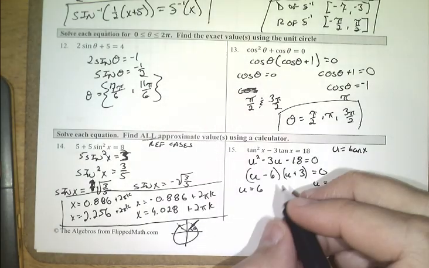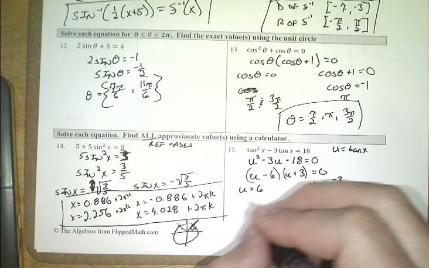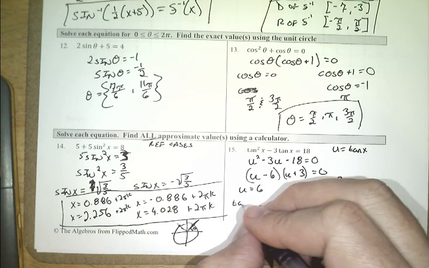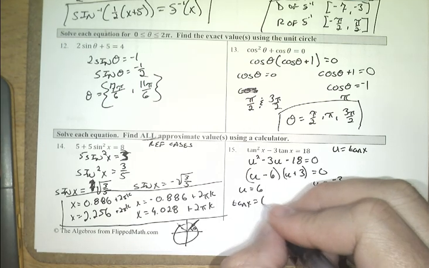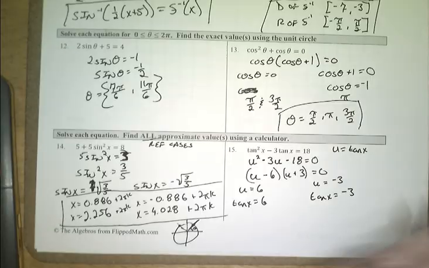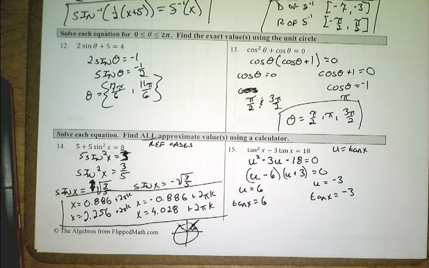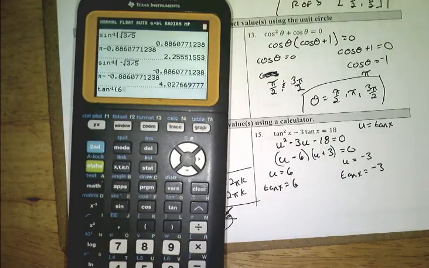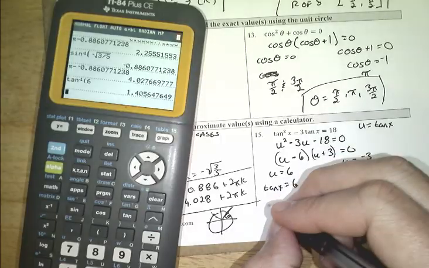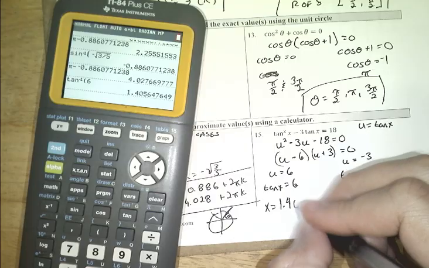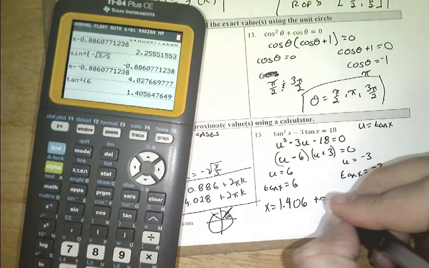Bring tangent back in, and so we will get tangent of x equals 6 or tangent of x equals negative 3. So the second inverse tangent of 6 is, so x equals 1.406 plus pi k.